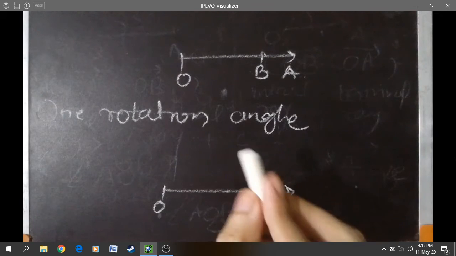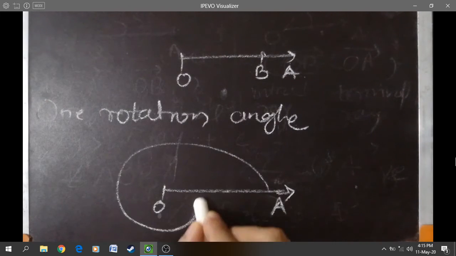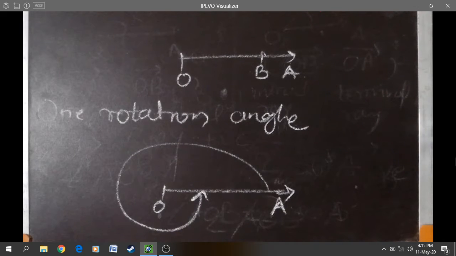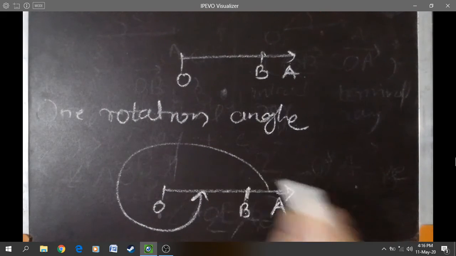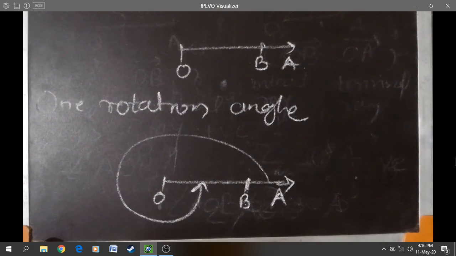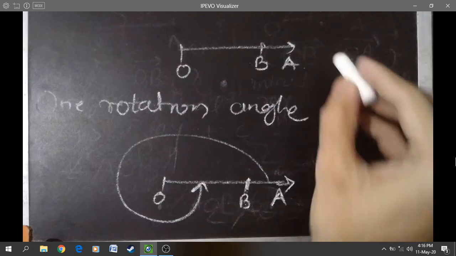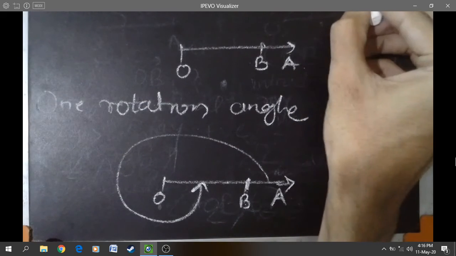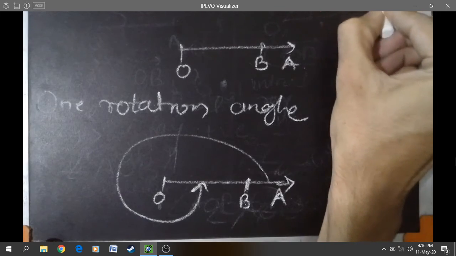It should be after one complete rotation. Complete rotation means we should complete this full rotation, right? And again, it should be on the same line. When we complete a full rotation, it will go on the same line, right?